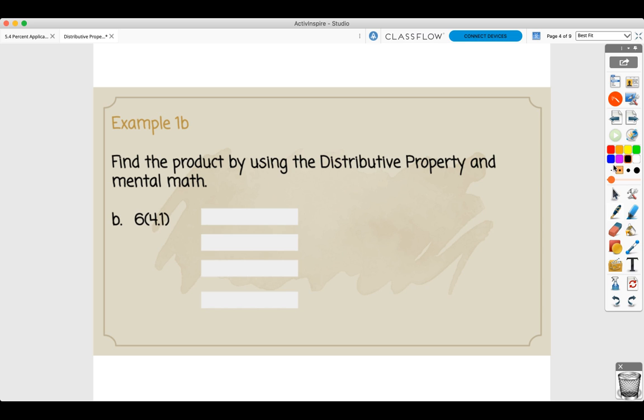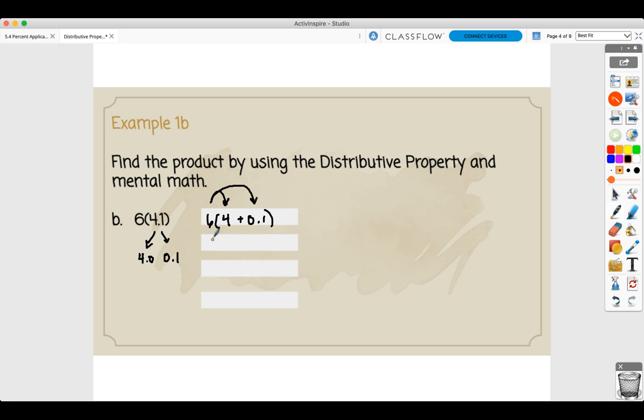Here's another one. Find the product by using the distributive property and mental math. You're just trying to find the numbers to break this up the best you can. One way to do this is you can have 4 plus 0.1. That's one way to break it up. So 6 times (4 plus 0.1). Now you take that 6 and multiply it to the 4 and the 0.1.